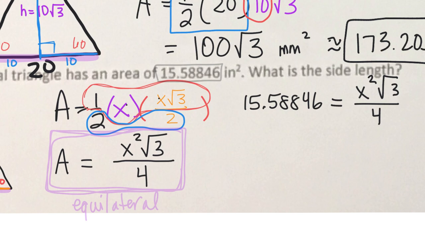Okay, now this becomes an algebra problem. What is our first step in solving this algebra problem? Multiply by 4, the denominator, so let's times it by 4. Okay, so I hope you have a calculator handy to do this. Do not scrimp on the decimals. 15.58846 times 4 is 62.3538.